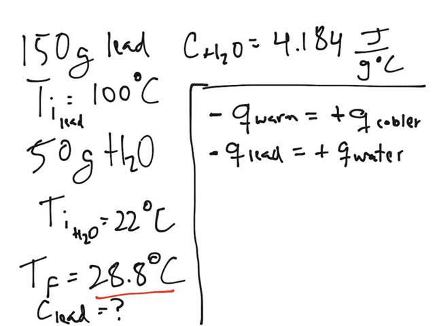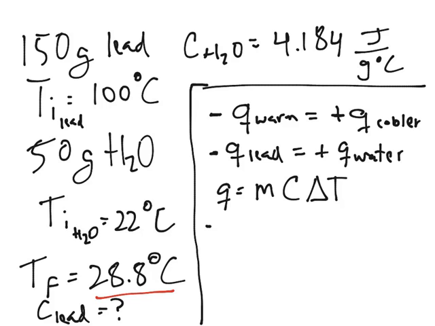So now we can use our Q equals m c delta T equation. The heat is going to be equal to mass, the specific heat, and the delta T. And because we have two systems, we have to do it on each side. So it's going to be a very long process.